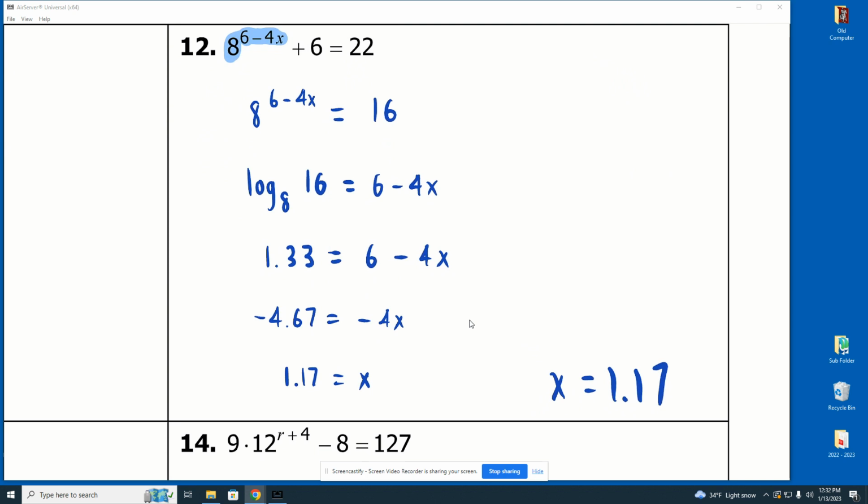So I can't make them have the same base. So what did we say you do? You would rewrite it as a logarithm. So those were our two methods. If the bases were the same, you drop the bases. If you couldn't make the bases the same, rewrite it as a logarithm.